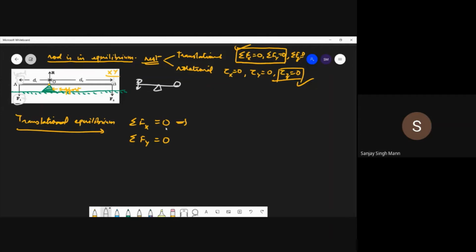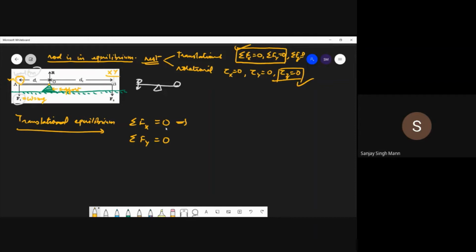So of course, the weight is acting downwards, so this is the load. This F1 is actually the load, which has mass, suppose M. So this load has mass M that I have placed over here. I want to pick this up. But of course the load is applying a force downward, that is equal to the weight of the load, that is mg. So this is the first force acting on this rod.